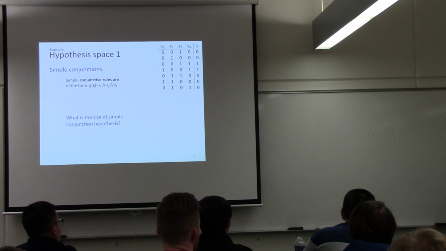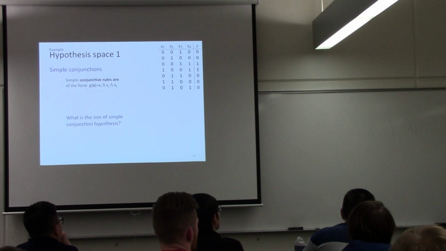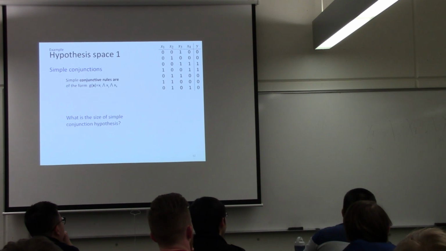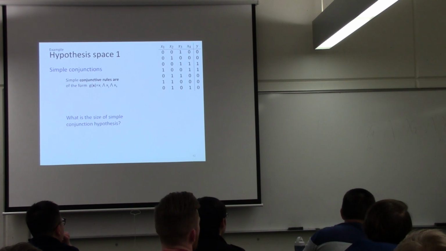So for each function value, how many possible values are there? 2, right? So for each function value we have 2 choices. And then for 16 function values, how many functions will we have? 2 to the 16, right? So the hypothesis space for the full Boolean function with 4 input variables is 2 to the 16.